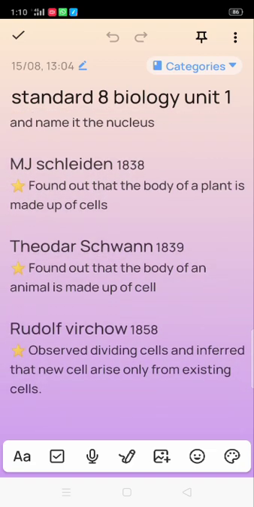Theodor Schwann found out that the body of an animal is made up of cells. Rudolf Virchow observed dividing cells and inferred that new cells arise only from existing cells.